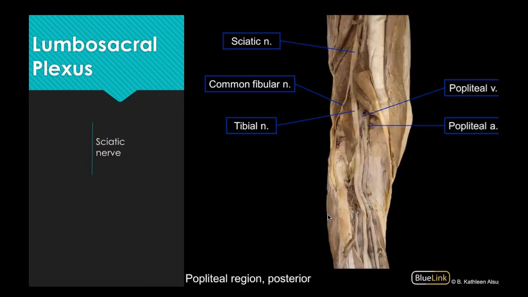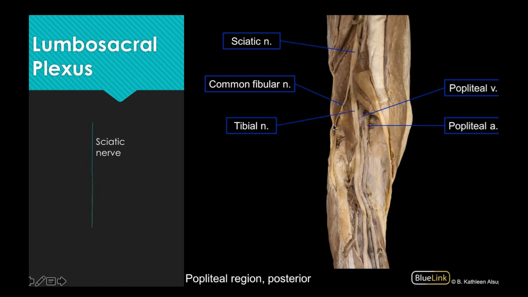Once we follow the sciatic nerve inferiorly, you can kind of draw a schematic in your notes here if you'd like. Here's our sciatic nerve coursing down the posterior thigh. And once we get to the posterior knee, termed the popliteal region, it divides or bifurcates into your tibial nerve and common fibular nerve.